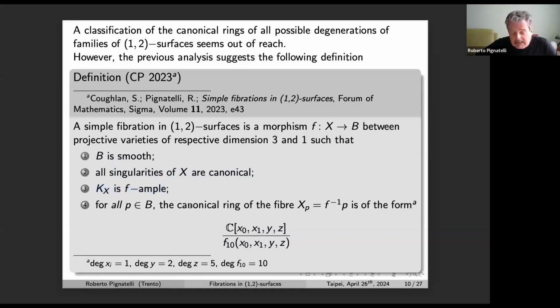And then I ask, and that's the key in the definition, that all fibers have canonical ring of the same form as the smooth 1-2 surface, which means generated by two elements in degree 1, one element in degree 2, one element in degree 5, and one single relation in degree 10. This is all that we ask.